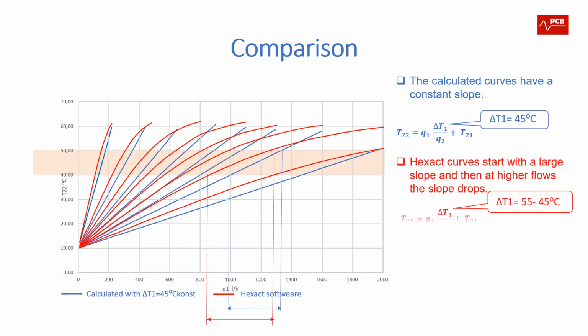And comparing with the exact one, where the curves are not linear because the delta T on the primary side is changing from 55 to 45 degrees nominal value, and the slope is not depending only on the ratio between primary and secondary flow, but also on delta T on the primary side. And also there are different needed changes of primary flow for eliminating the error of 10 degrees.